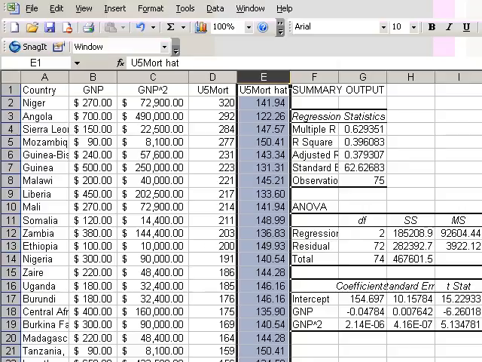These are the predicted values for under 5 mortality.